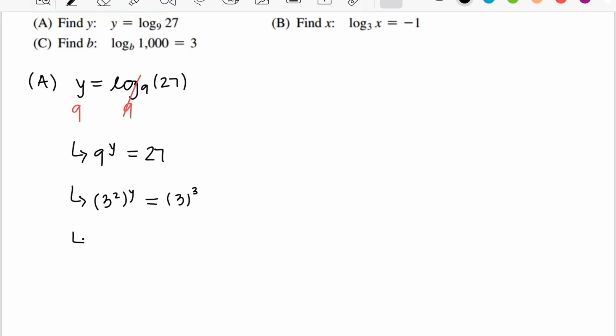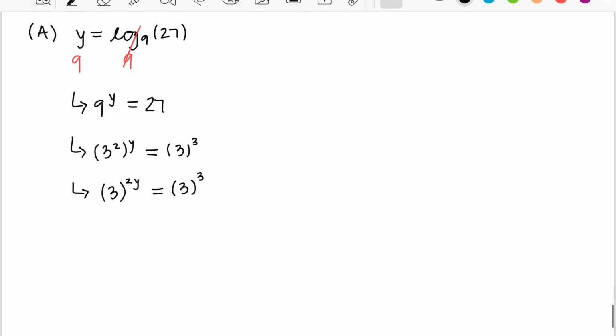Then using our exponent rules, we end up with 3 to the power 2y equal to 3 cubed. It must be the case that 2y is equal to 3, since the exponents must be equal when these two are equal.